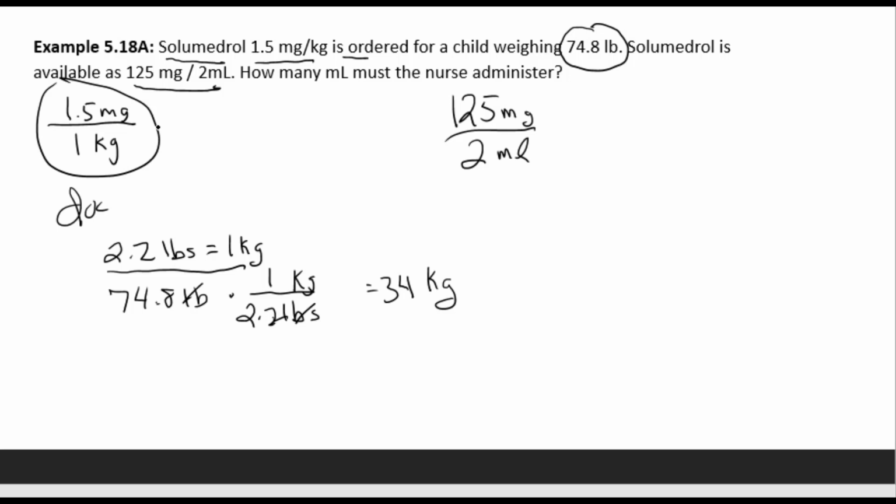So if you're going to get 1.5 milligrams for every kilogram, and the patient weighs 34 kilograms, I can just use dimensional analysis again. I could use a proportion.